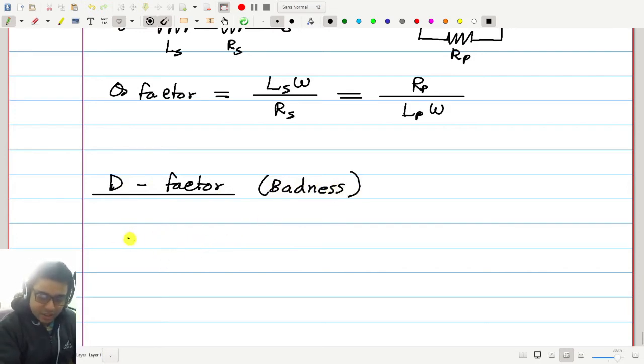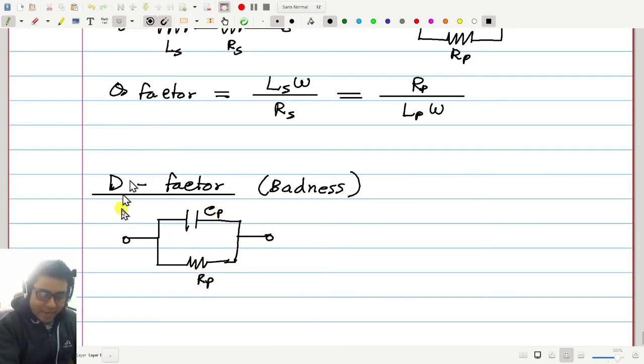Okay. Now consider a lossy, leaky capacitor modeled in this way, Cp Rp. Now this is a measure of badness. So can you tell what this will be?